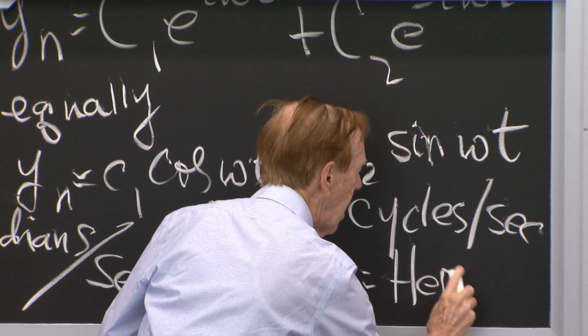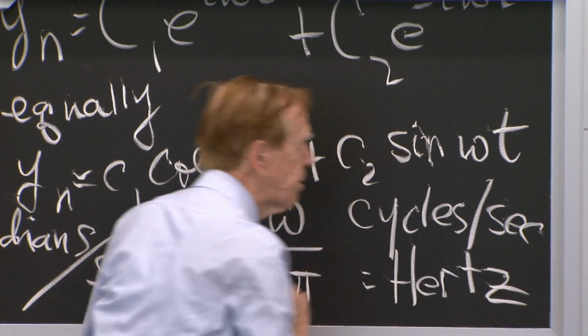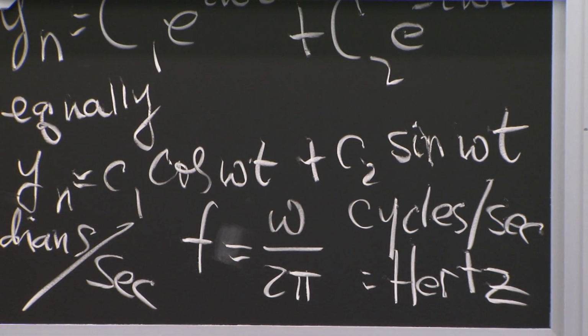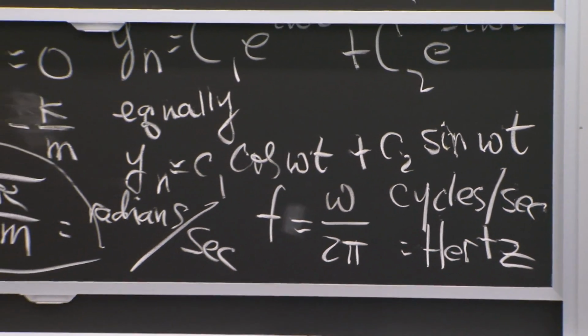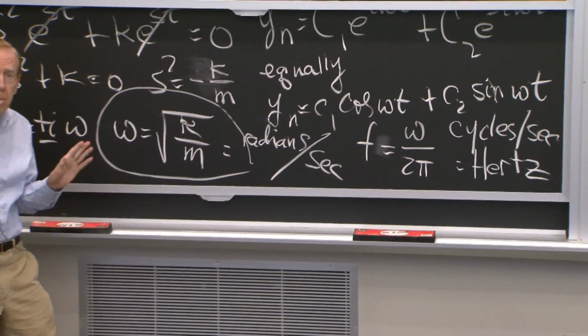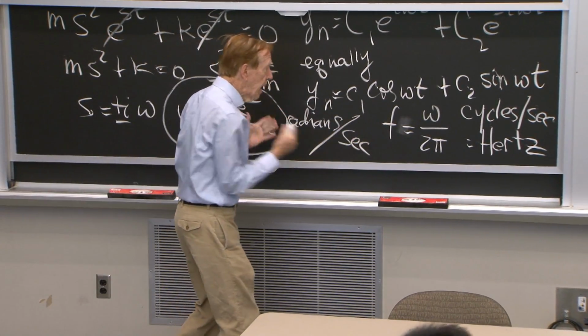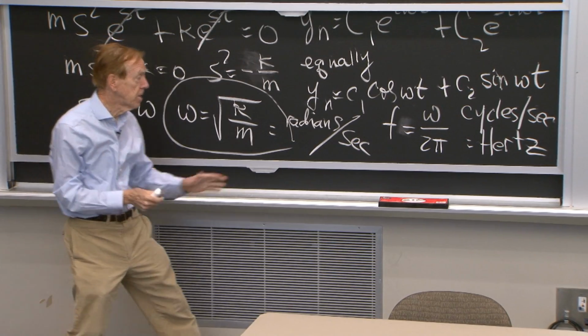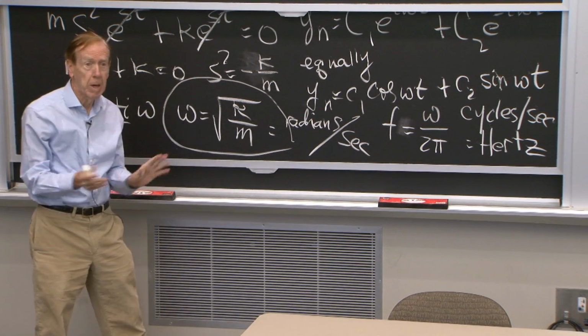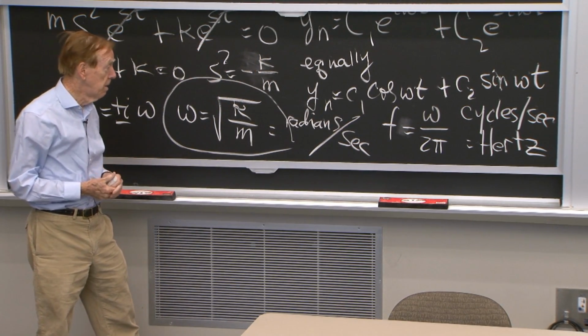I think I misspoke last time in confusing these two. So let's get them straight here. There's no complicated math in here. It's just a factor 2 pi, but of course that factor is important.